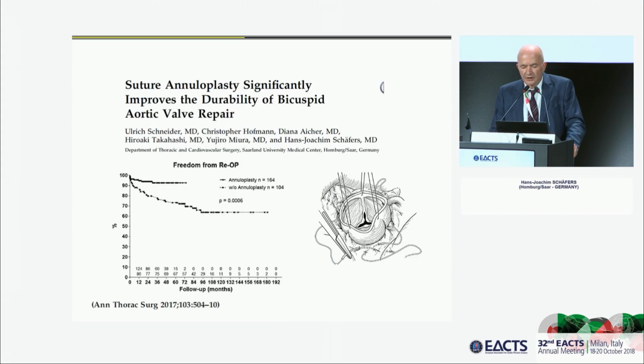In the patients who had isolated bicuspid repair, and this we published last year, we could actually see drastic improvement of durability using annuloplasty. So quite apparently, annuloplasty does have an effect not only on valve form, but also on repair durability.